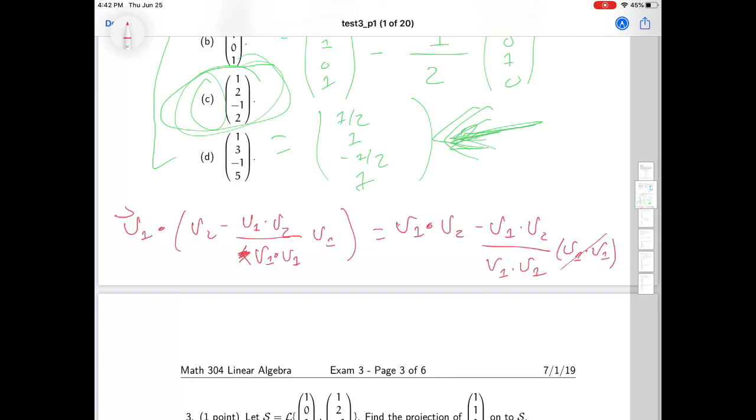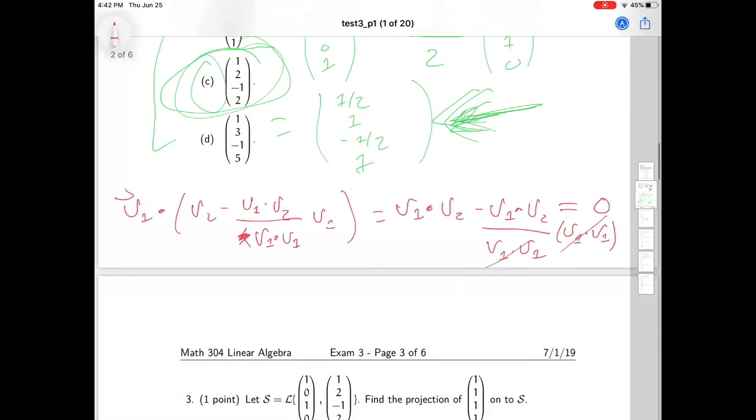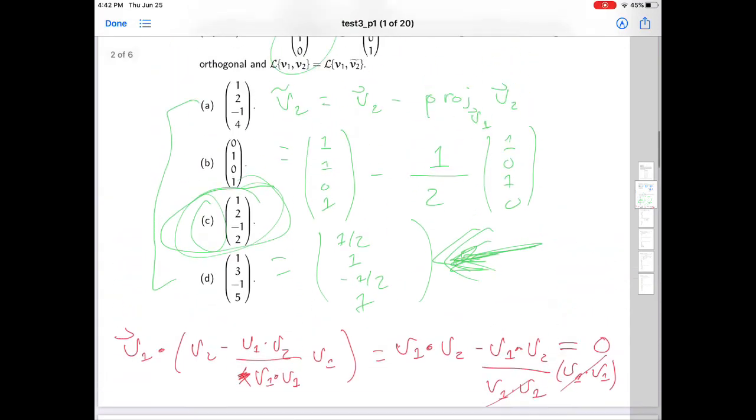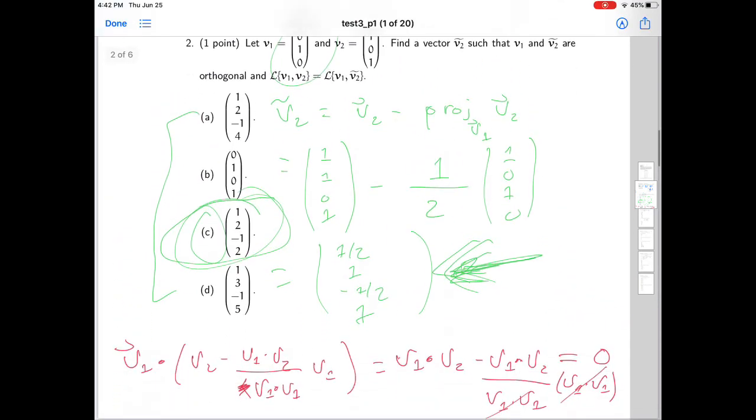The v1 dotted with v1s cancel each other, and what we're left with is v1 dotted with v2 minus v1 dotted with v2, and so that's equal to 0. And so this shows that if you start with two vectors, v1 and v2, then v2 tilde defined this way is orthogonal to v1. And this is kind of the principle of what we use to do the Gram-Schmidt algorithm.